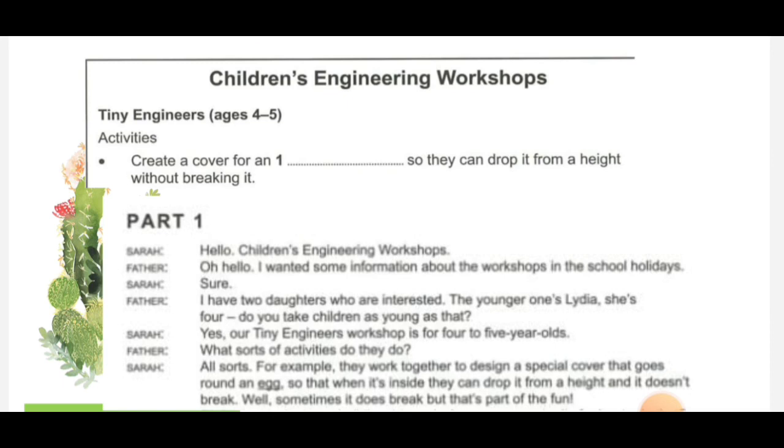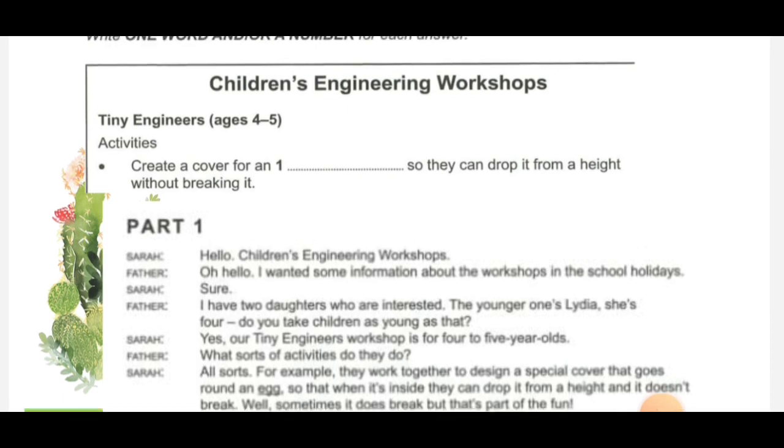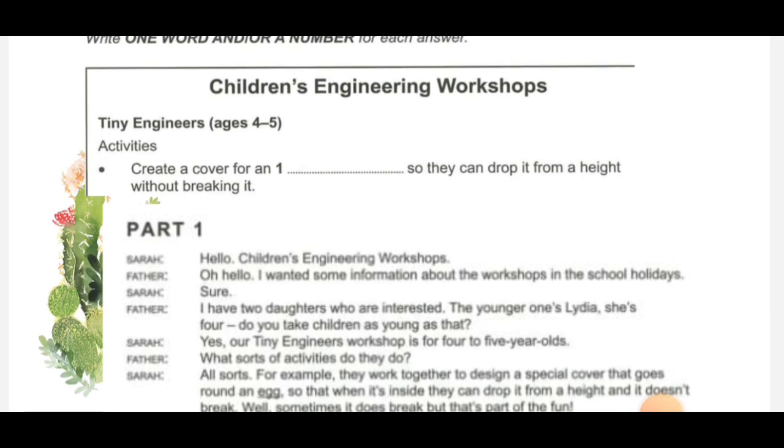One word and a number is, for example, September 10. 10 written in digits, in figure, not as a word, as in TEN. 10 written as 1 and 0, 10. So if you write that's one word and a number, that's September 10.